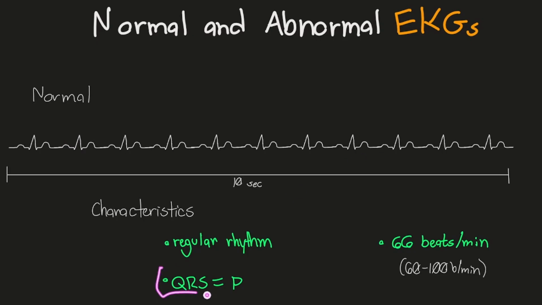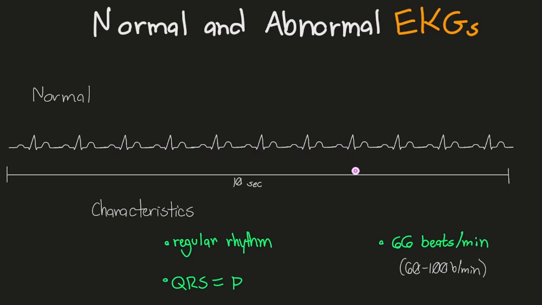And alongside the QRS equaling the amount of P waves, we see constant length in our PR segments. The segments right here are very constant in their lengths. There's no variation, or at least no noticeable variation.